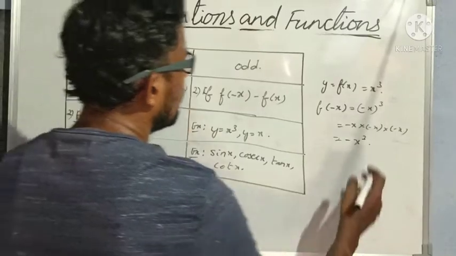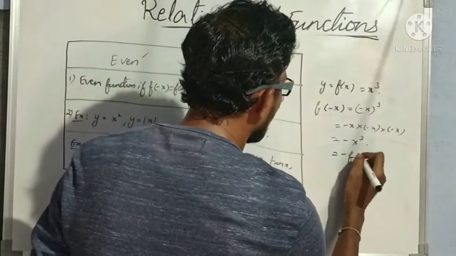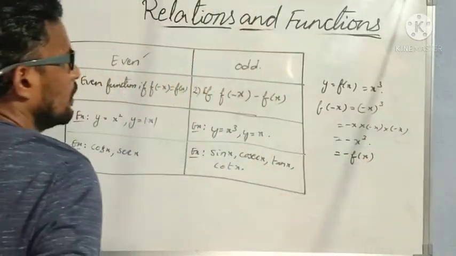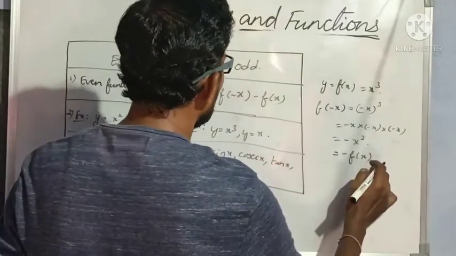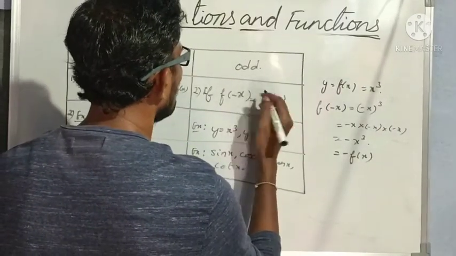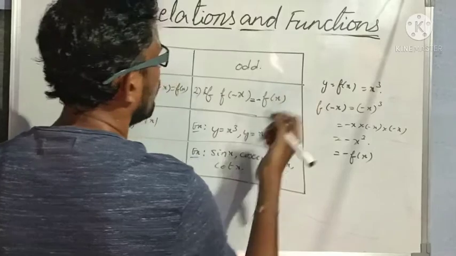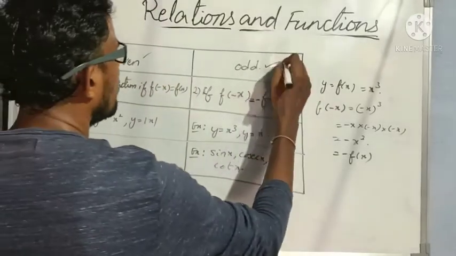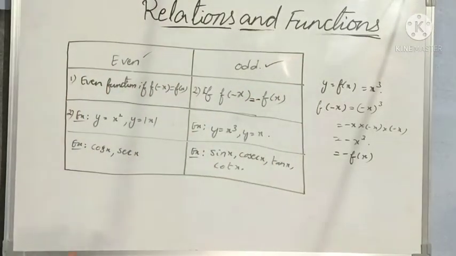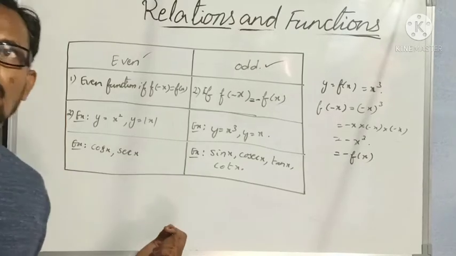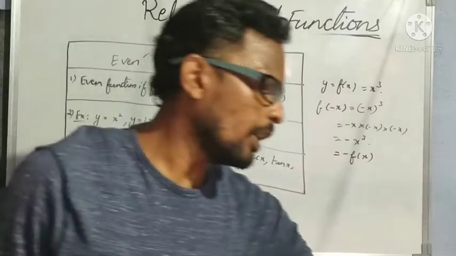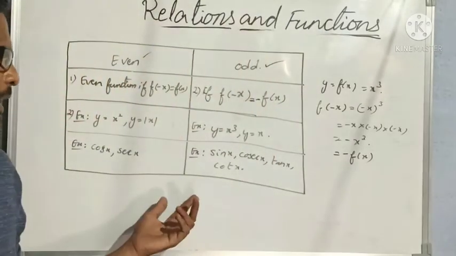So here we are getting minus x cube, that is minus f of x. Okay. So here f of minus x is equal to minus f of x. So this function is what type of function? Odd function. Understood?